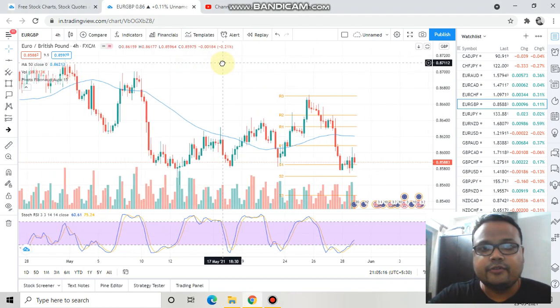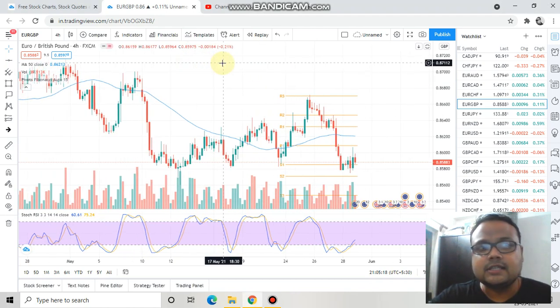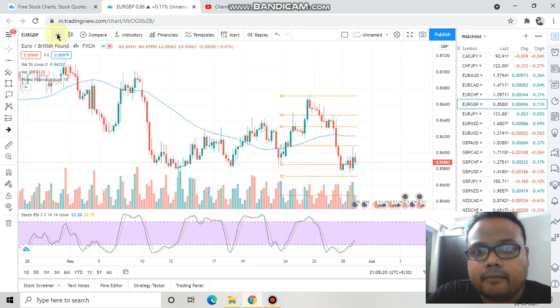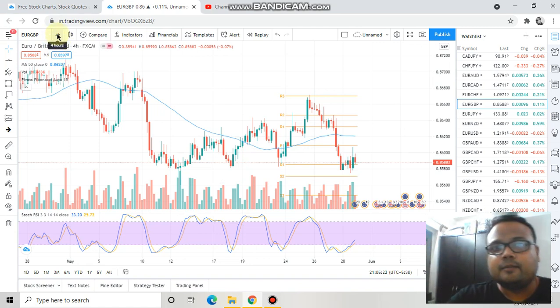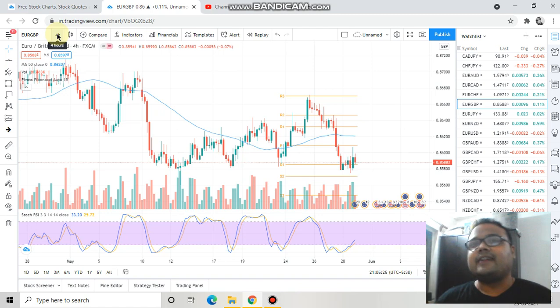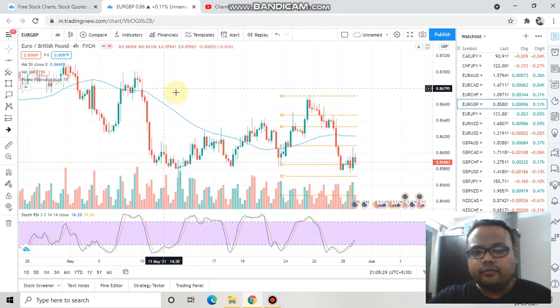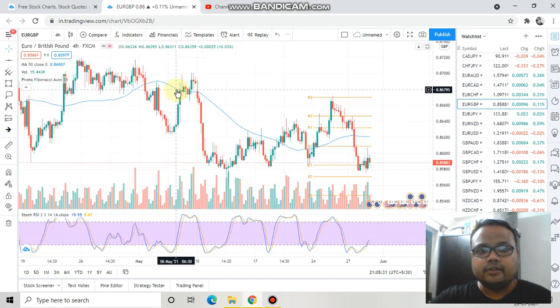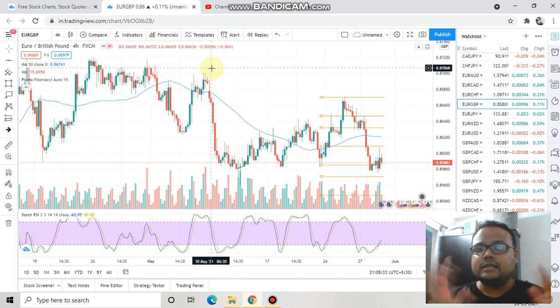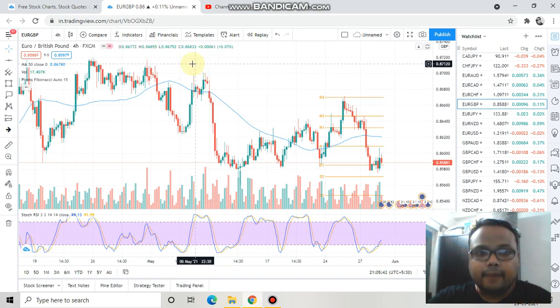So this is the chart of Euro GBP, and as you can see, I am in the 4 hours time frame, my personal favorite and probably the most beloved time frame in the Forex world. If we just look at the chart, we can see that overall the market is in a downtrend, or the selling pressure is high in comparison to the buying pressure.